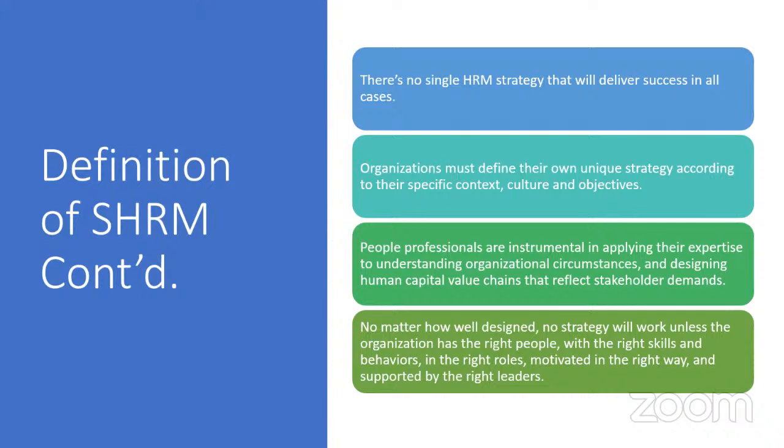In strategic human resource management, we talk a whole lot of stakeholders. You hear us talk much about stakeholders, because in strategic human resource management, we are about creating the right value chain for all the people involved in the human resource environment.